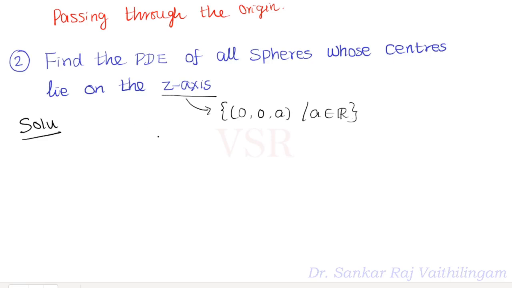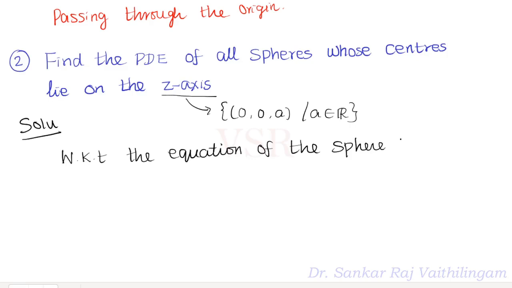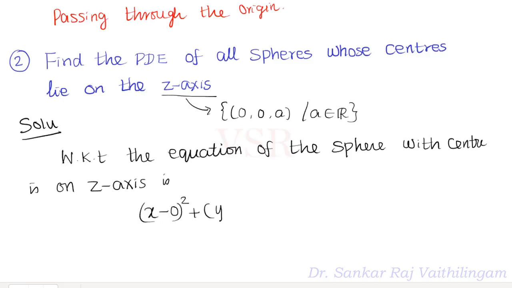Now what am I going to do? The equation of the sphere with the center on the z-axis, we know, will be x minus 0 the whole square plus y minus 0 the whole square plus z minus a the whole square, which is equal to some r square.